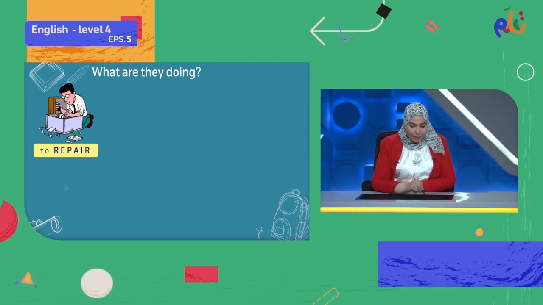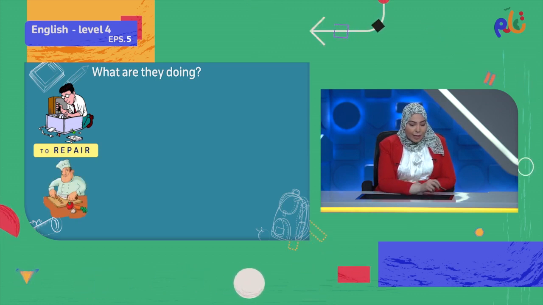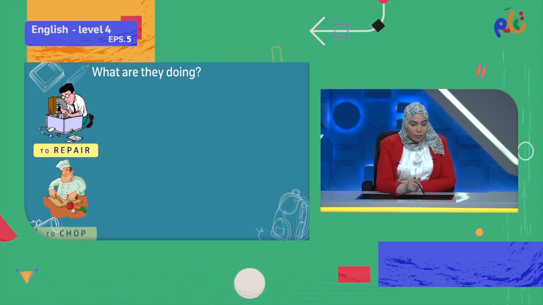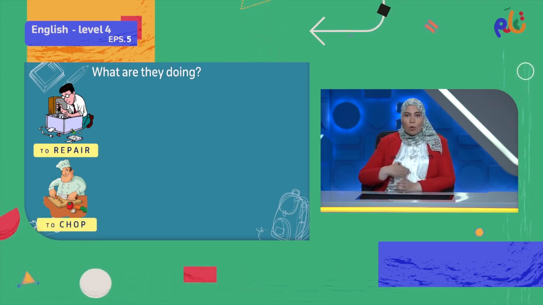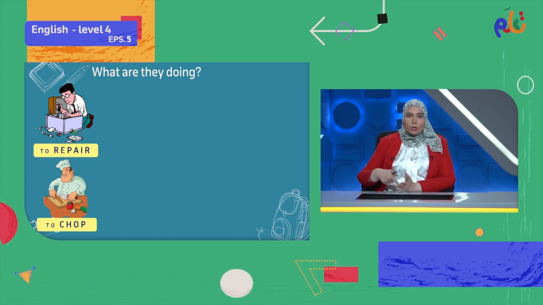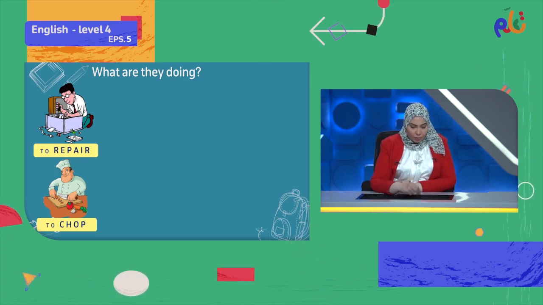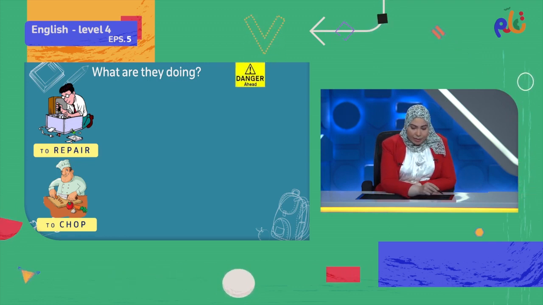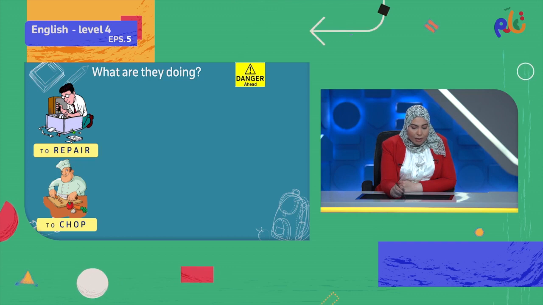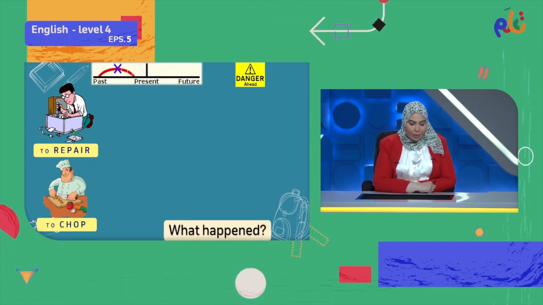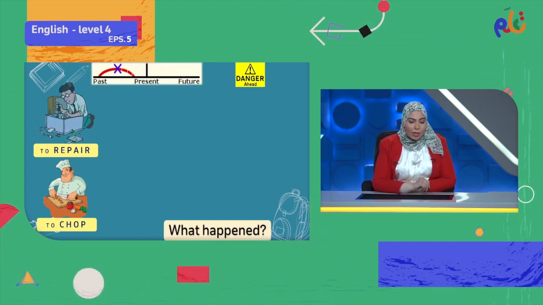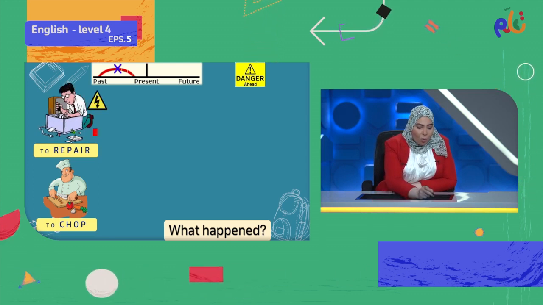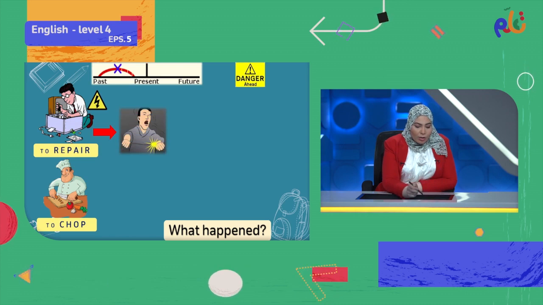And we have a chef, and let's look, what's he doing? This is chop. When we cut something, it's called cut or chop. So let's take a look at the problems that might happen. So what happened with them? If we're talking about this gentleman who is repairing, what do you think happened to him?